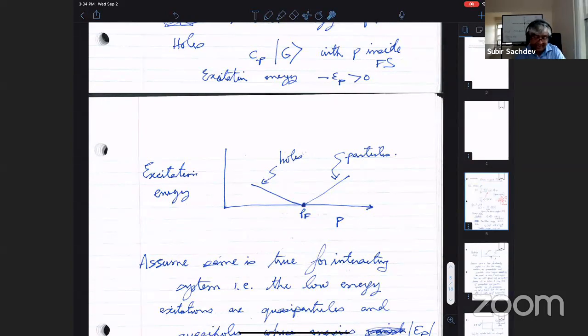Sorry about that, but let's just imagine the electron is positive. So these are particles with positive charge. These are holes with a negative charge. And they both go to 0 right at the Fermi wave vector, p_F. So there's some Fermi surface characterized by some Fermi momentum or Fermi wave vector, related by a factor of h bar, where there are zero energy excitations. It costs hardly any energy to create a particle or hole right near p_F.